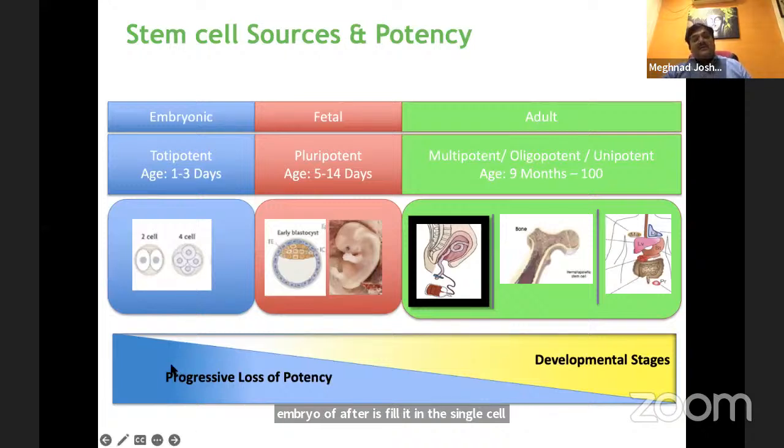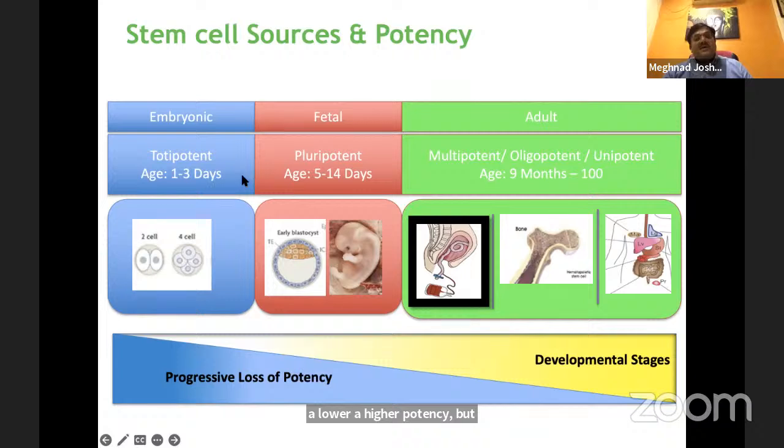Now, at the lower end, there are two triangles. First is the progressive loss of potency, and the yellow one is the developmental stages. If you look, embryonic cells have the highest potency, but at the same time, in terms of development or specialization in functionality, this is very low. So these embryonic cells have a higher potency, but functionality is very little.